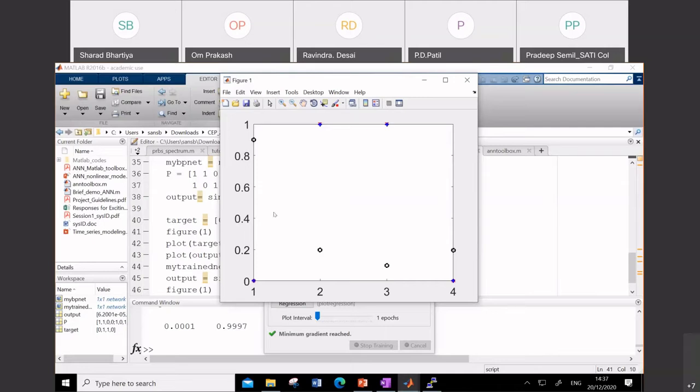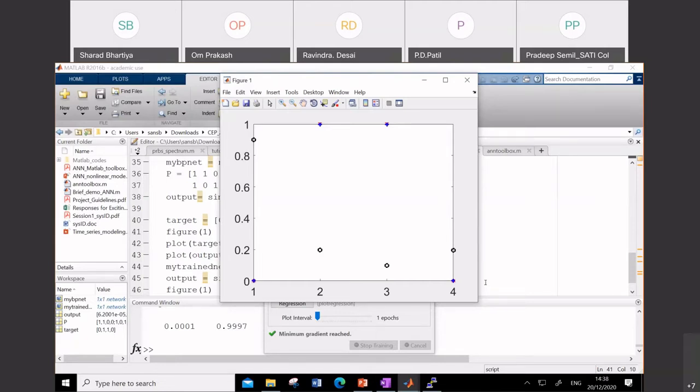Whereas my targets are 0, 1, 1, 0. Okay. But after doing the training, it could correctly get all the four targets. So you can use the same machine for either classification, or you can use it for regression. Okay, so that was the point I wanted to make.